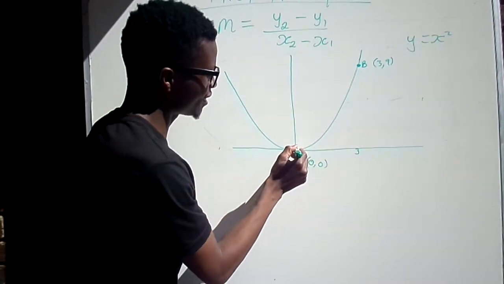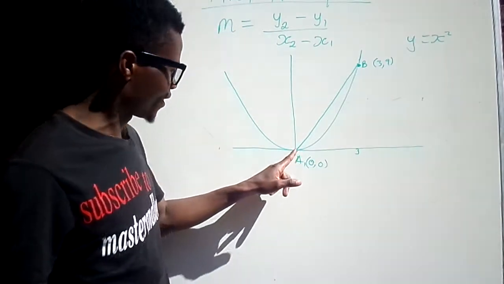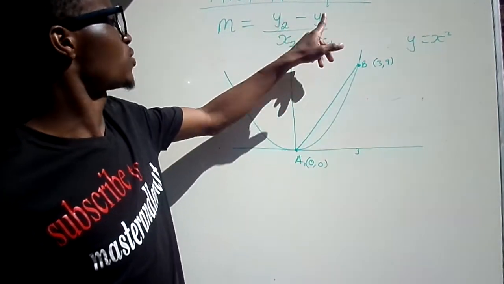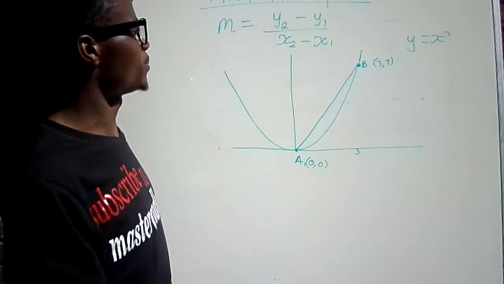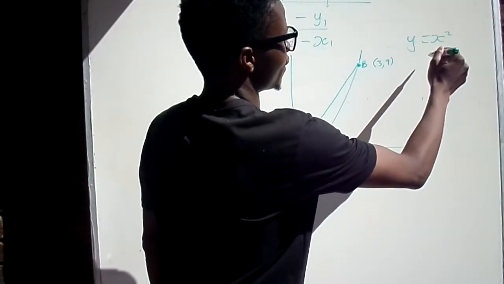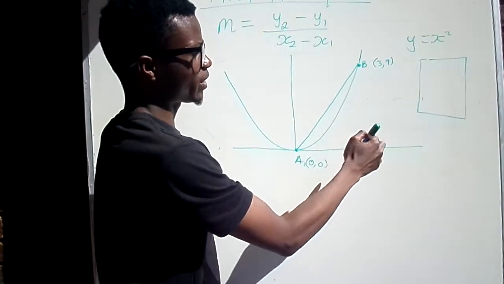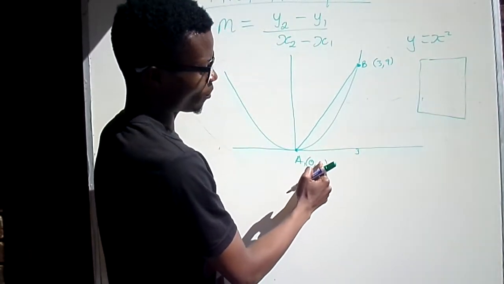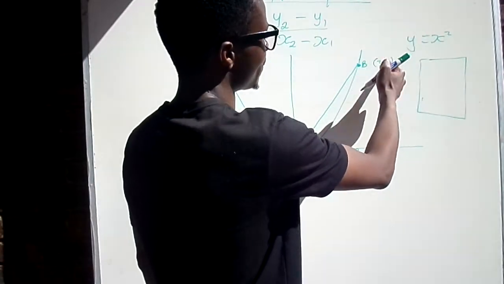If I connect these 2 points, then I have created a straight line where I can apply y2 minus y1 over x2 minus x1. So I'm going to use the very same principle. Using this curve, at the first point my x is 0, my y is 0; at the second point my x is 3, my y is 9.